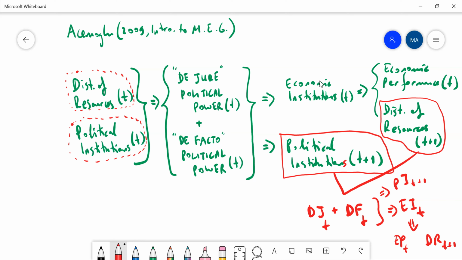So if initially land inequality is rather large, this means some landowners are very powerful, right? So, distribution of resources and the political institutions, imagine a European society in, let's say, the 15th century, right?